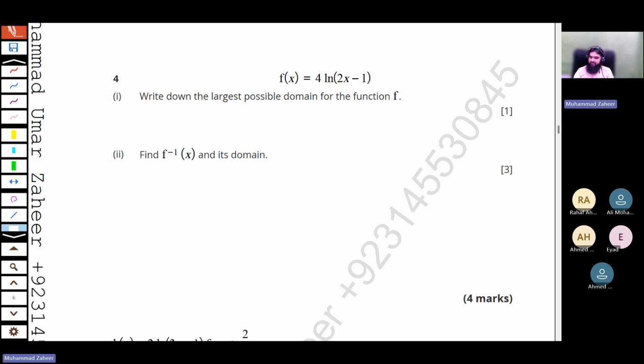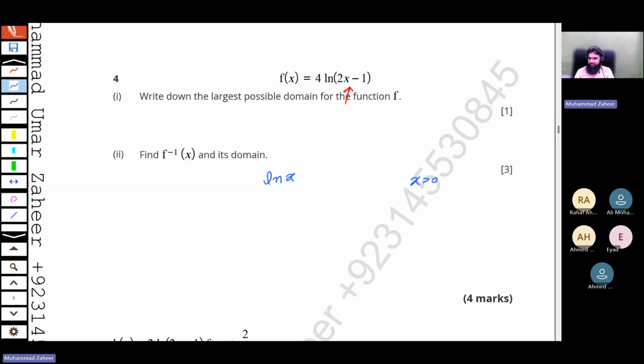First of all, can anyone tell me what is the domain of natural log of x? Greater than 0. Yes, the x value is always greater than 0. Now tell me, we need the value here to be greater than 0. So what is the domain?